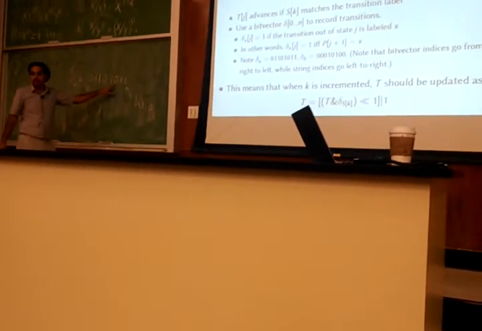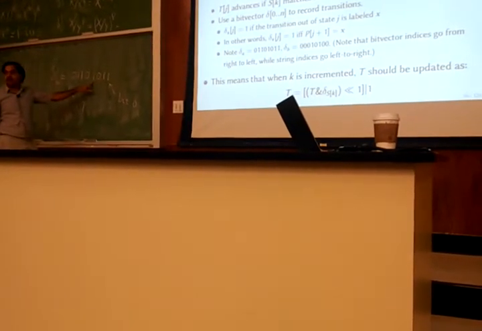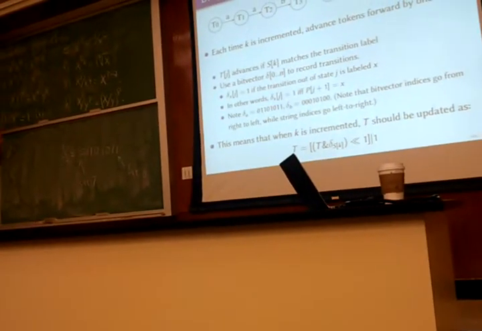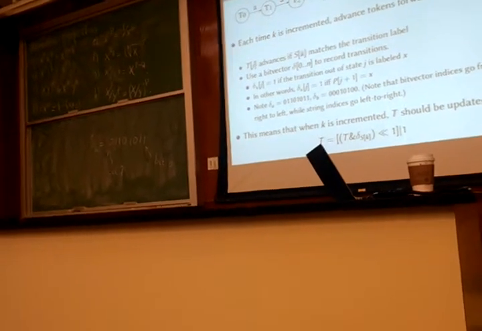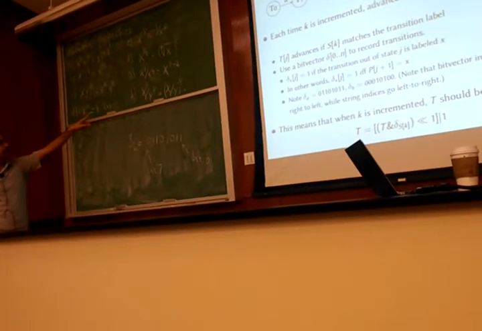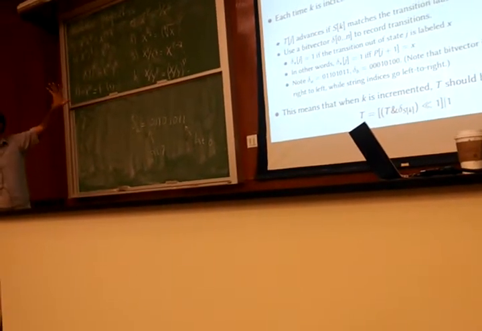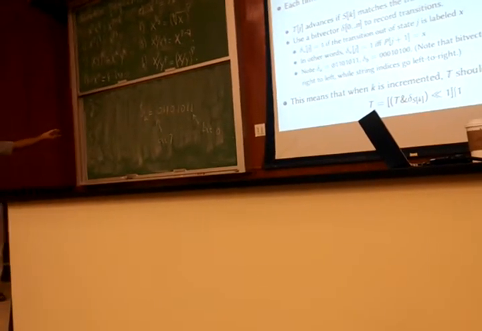That's why there's a 0. Then the next state, state 3, has a transition on A, therefore this will be 1. Essentially, you look at the automaton, replace everything that's an A with a 1, replace everything that's a B with a 0, and then because of the ordering difference, just flip everything around. That's how you get delta A.